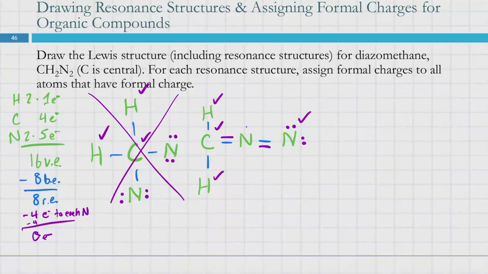So we should arrive at something that looks like this. Because of these double bonds, we've got some options for resonance structures. We've got at least one option for resonance structures.